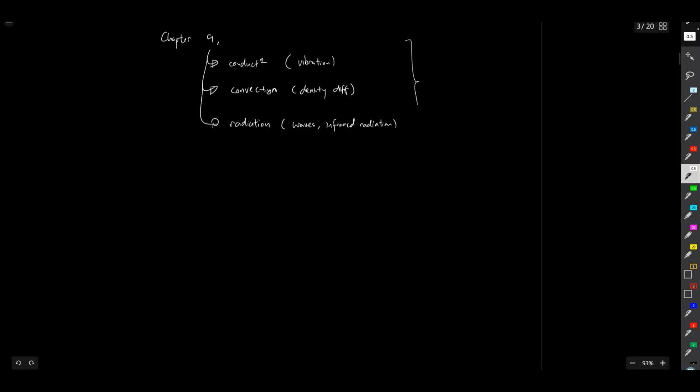But other than methods, the principle of heat transfer is that heat transfer always occurs from a region of higher temperature to a region of lower temperature.